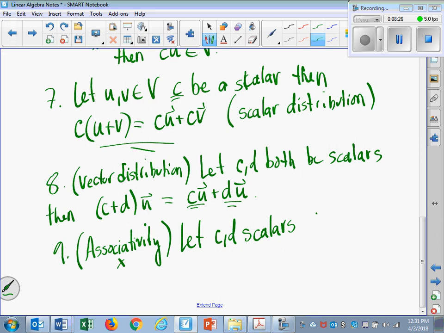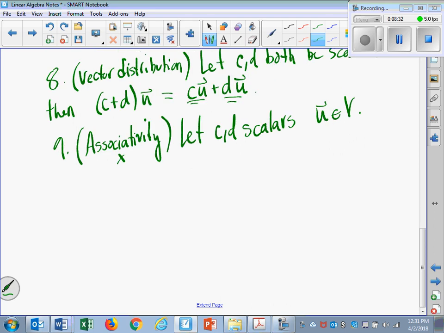And then u in the vector space V. Okay, so now let's scale the vector u by d, and then scale that by c. So now this is the same thing as scaling by the product cd. So this is associativity of scalar multiplication.